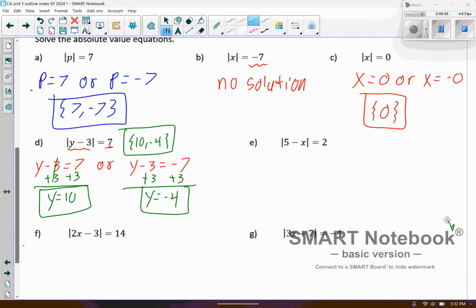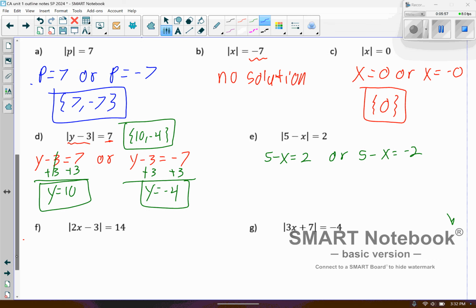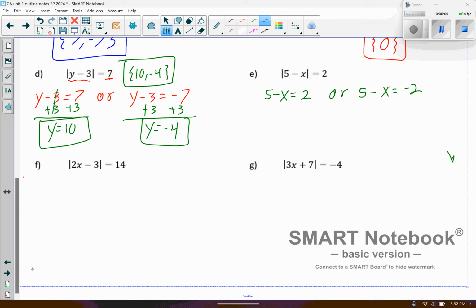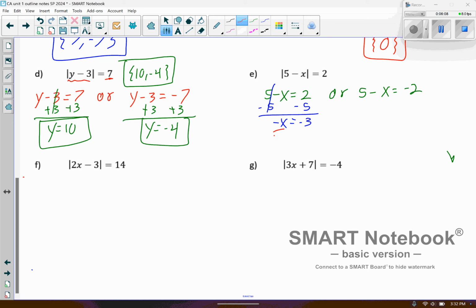Okay, for the next one, kind of the same deal. We're going to get 5 minus x equals 2, or 5 minus x equals negative 2. We've got to subtract 5, and we actually have one extra little step here. We're going to have to get our x value positive, so we're going to divide both sides by negative 1. So this first solution is x equals 3.